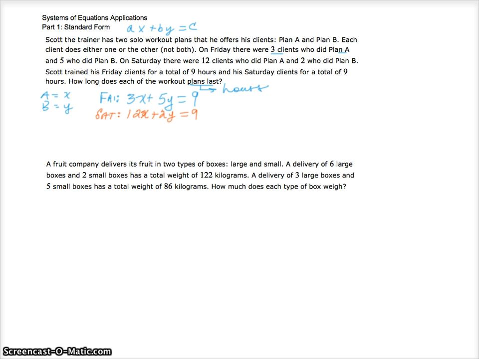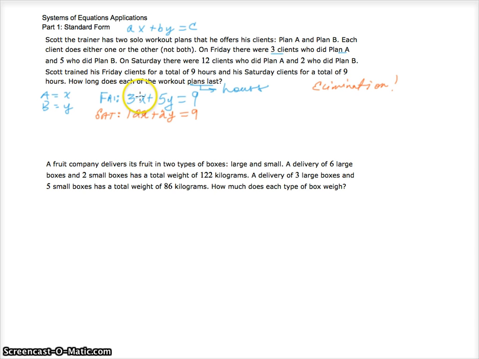All right, and so now we need to solve our system. Well, one thing we could do is look at either elimination or substitution. And to me, elimination works the best, so we're going to use elimination.